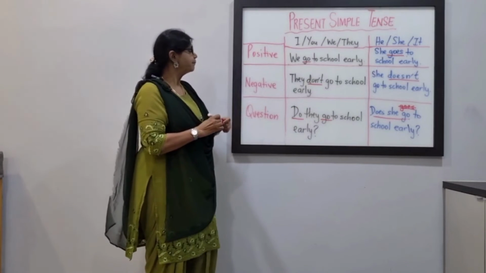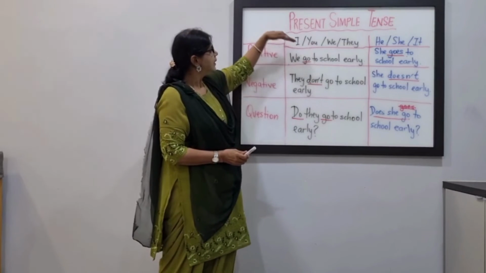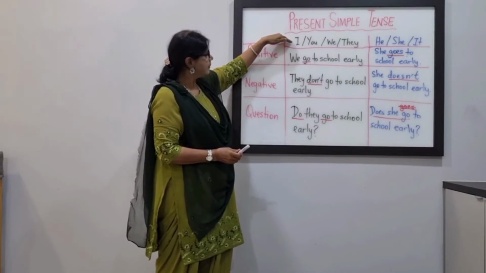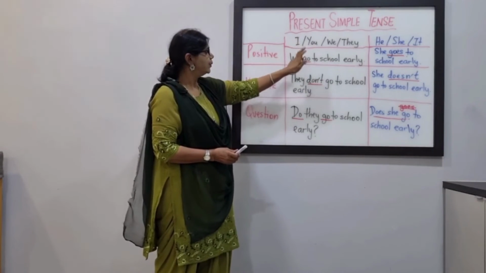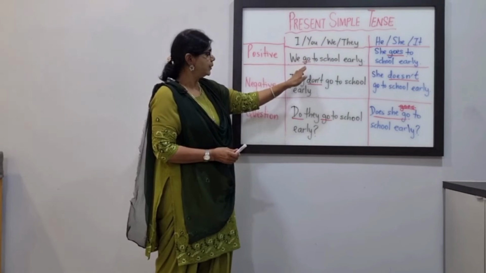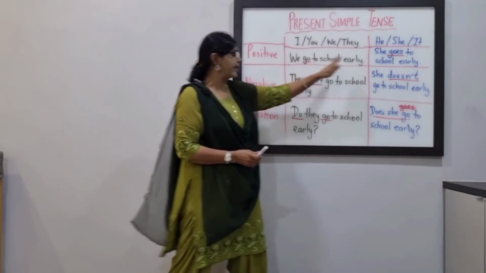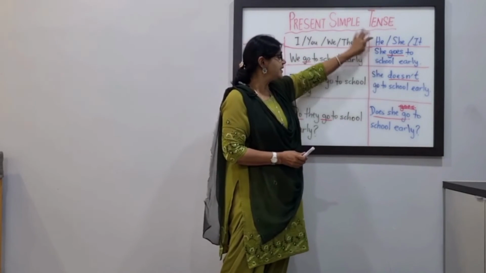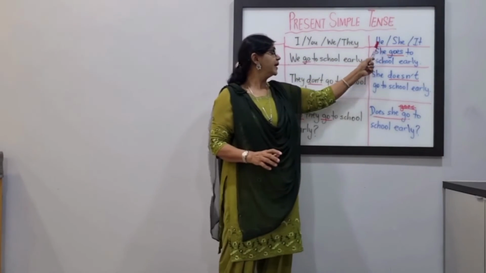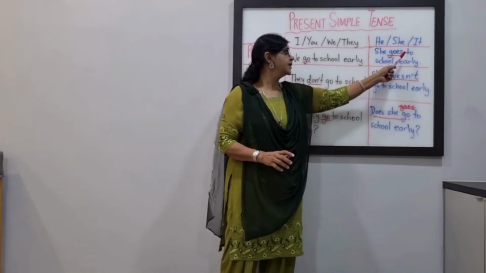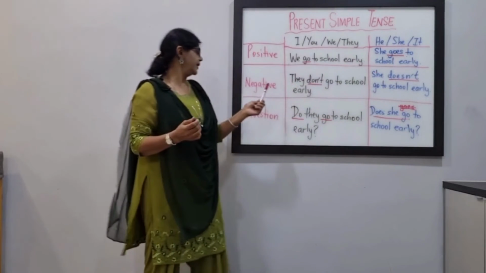We recap. Here, plural subject must use a plural verb. I go, you go, we go, they go, the boys go. Whereas in the singular form, singular subject carries a singular verb. He goes, she goes, it goes. Okay.